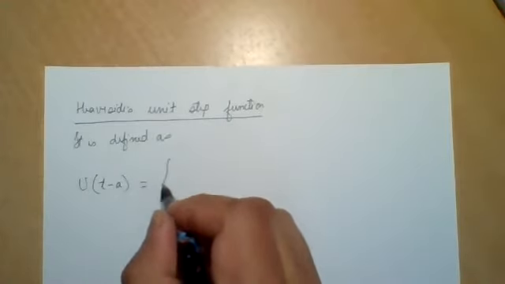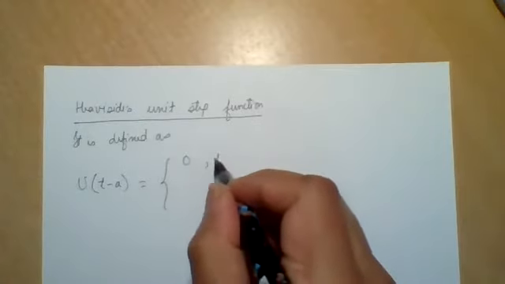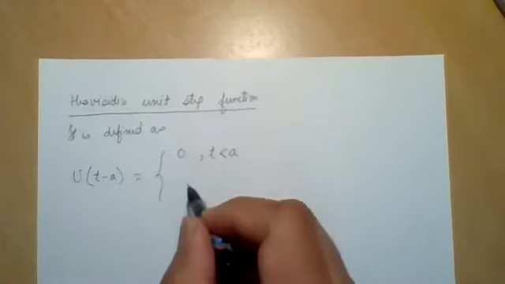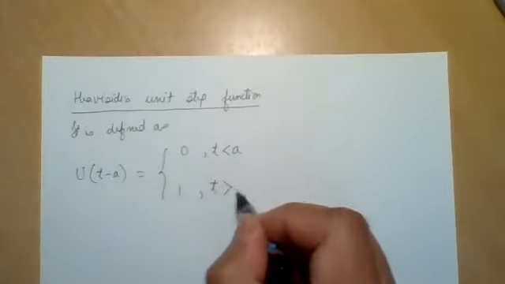This is equal to 0 if t is less than a, and this is equal to 1 if t is greater than a.